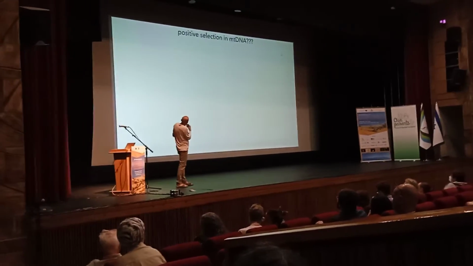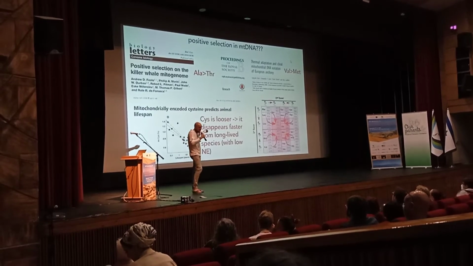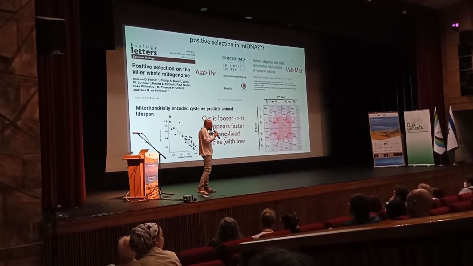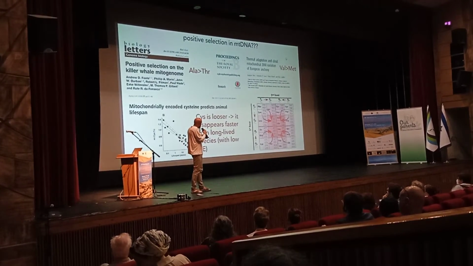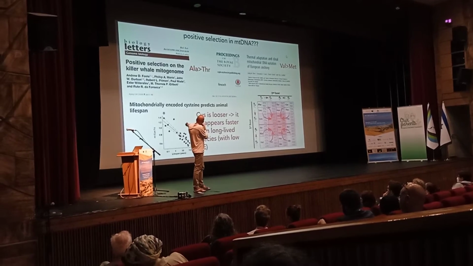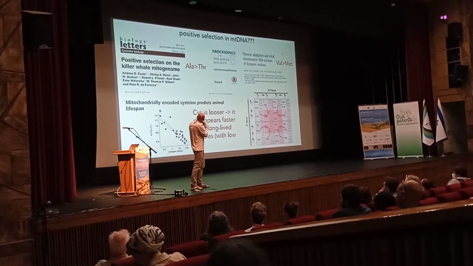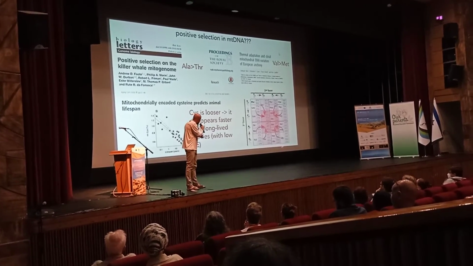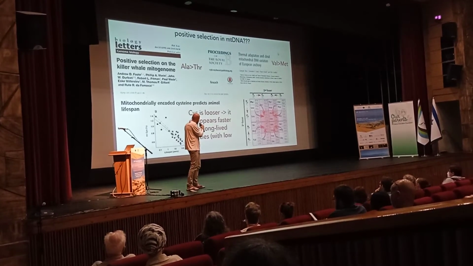Okay, and my last slide: now should we reanalyze all papers about positive selection in the mitochondrial genome? Because now we say that the null hypothesis is the butterfly scheme. We just carefully read three papers, killer whale, European anchovy, and another paper, and we say all substitutions, alanine to threonine here, are in line with our hypothesis, valine to methionine here.